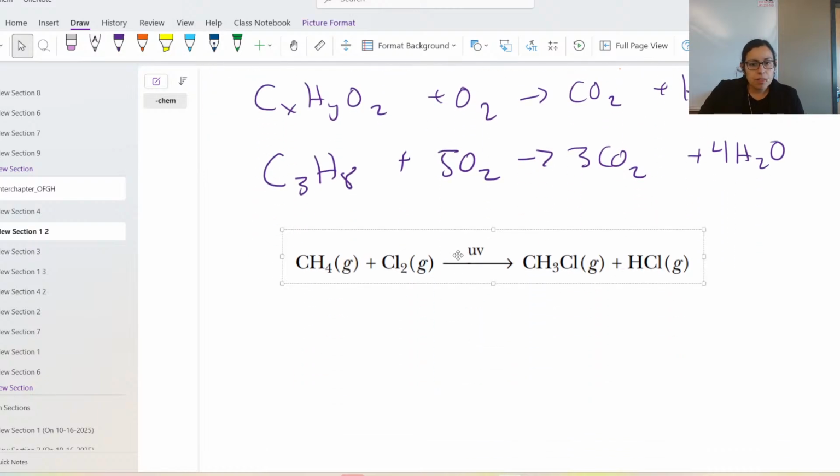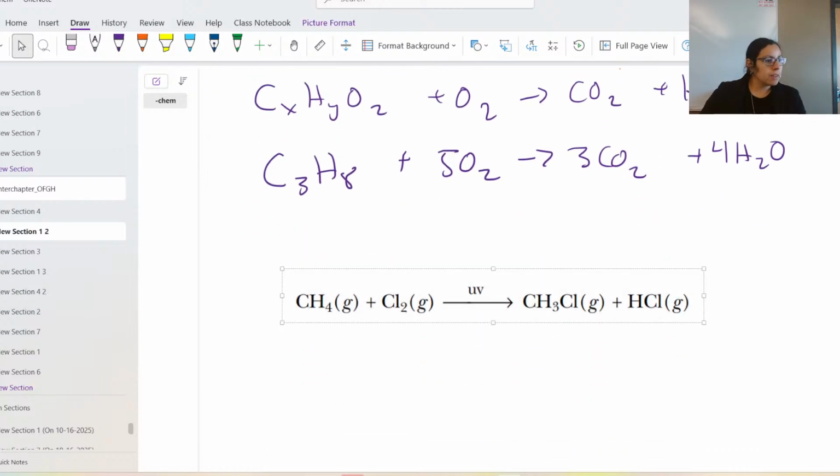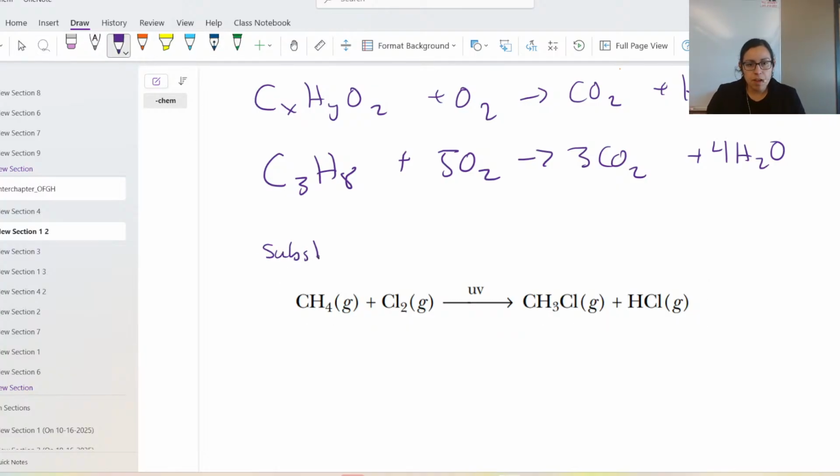And then we can do other reactions with these alkanes. And so this is a substitution reaction. And so this UV light, usually if you have a UV, this is a good hint that it's a radical mechanism. So usually the UV light is used to kick off some sort of radical.